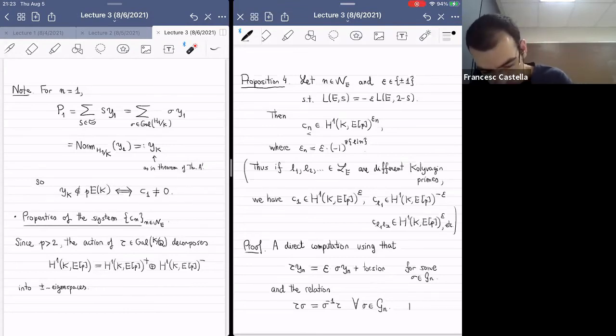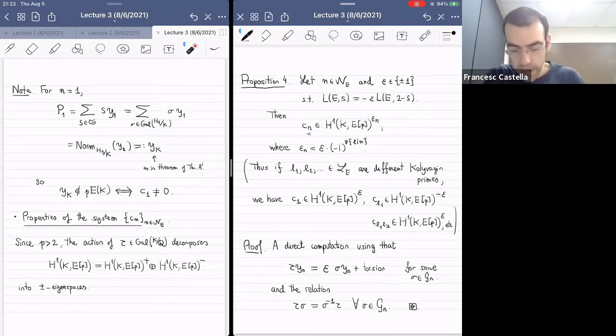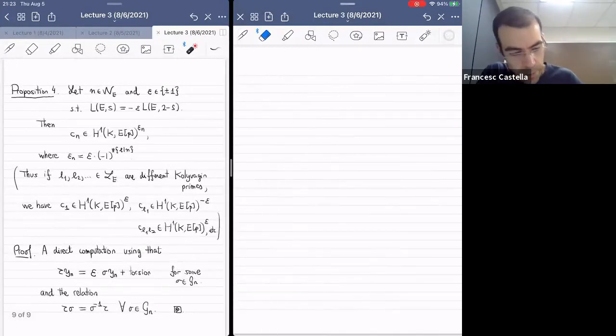Okay, but that's going to be something we're going to be using. So that's one property of these classes. And the second one, which is also very important, and this we're going to put in detail, is about the control on the ramification.